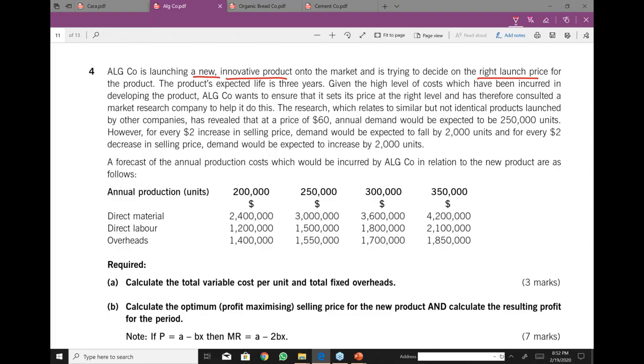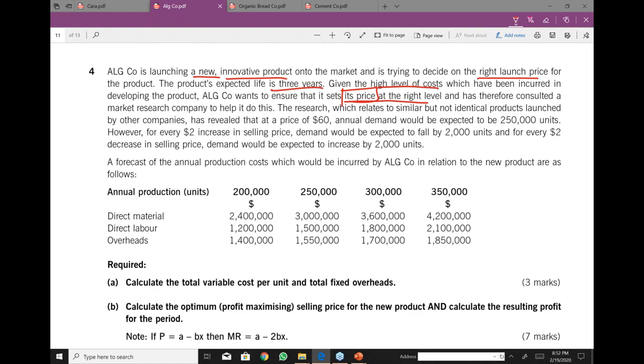The product expected life is 3 years. Given the high level of costs which have been incurred in developing the product, this means there is a high cost. The company wants to ensure that it sets its price at the right level. So the company is interested in finding out the price.